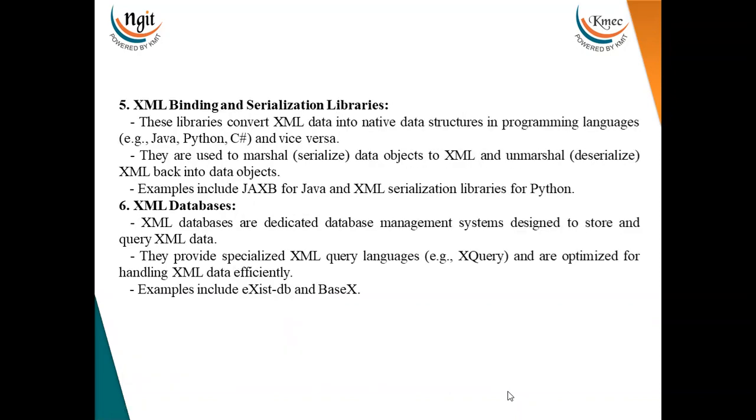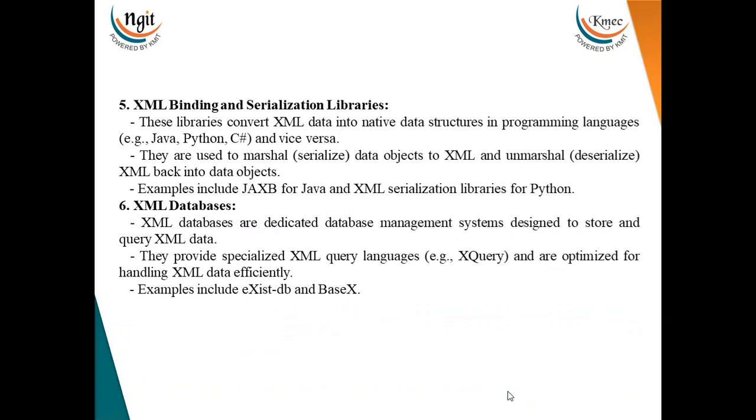XML binding and serialization libraries are also there. These libraries help you convert XML data into native data structures, like in Java, Python, or C Sharp. They are also used to serialize data objects to XML, and deserialize XML back into data objects.